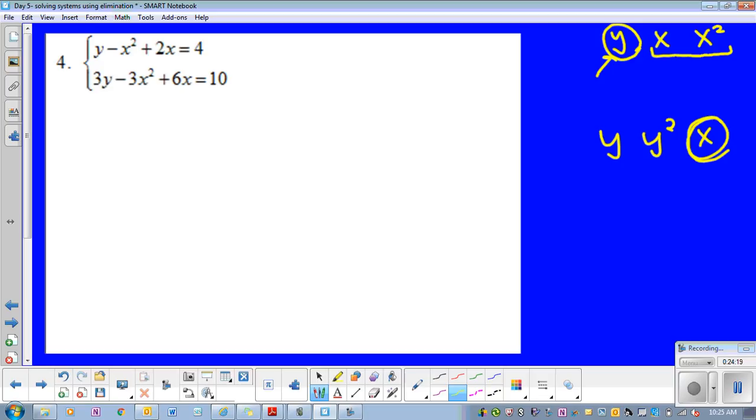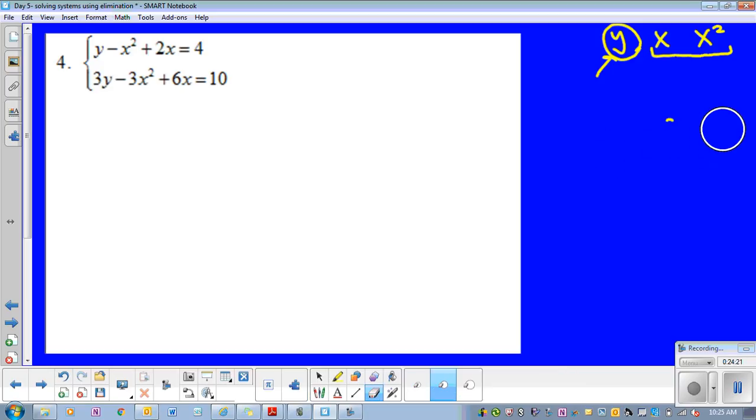Okay. So that was just an example, so I'm going to erase this. But we need to go fix up our y. So, let me look at this y. I have a 1 and I have a 3. I love when I get just a plain old 1, right? I can make it match the other one. So this one is 3. So the top y, I need to make it be what?